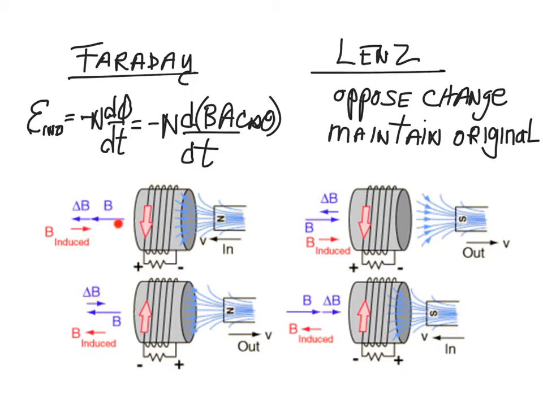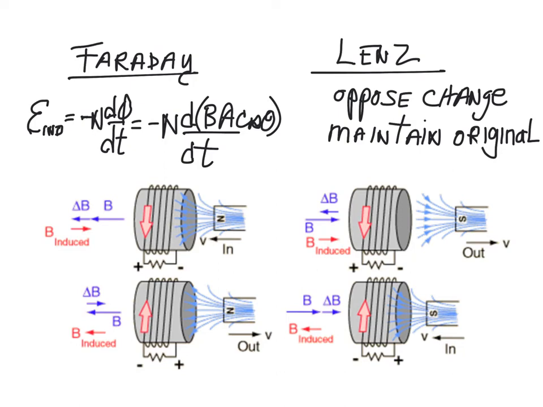We need a field and a flux in the opposite direction. And in order for that to happen, the current in the coil has to be induced in this direction that it shows by the arrow. And so if the current's in this direction, this will be the positive side of the resistor. This will be the negative side because there'll be a voltage drop across the resistor. That's what those symbols mean. So looking at it from this end, the current circulates counterclockwise.